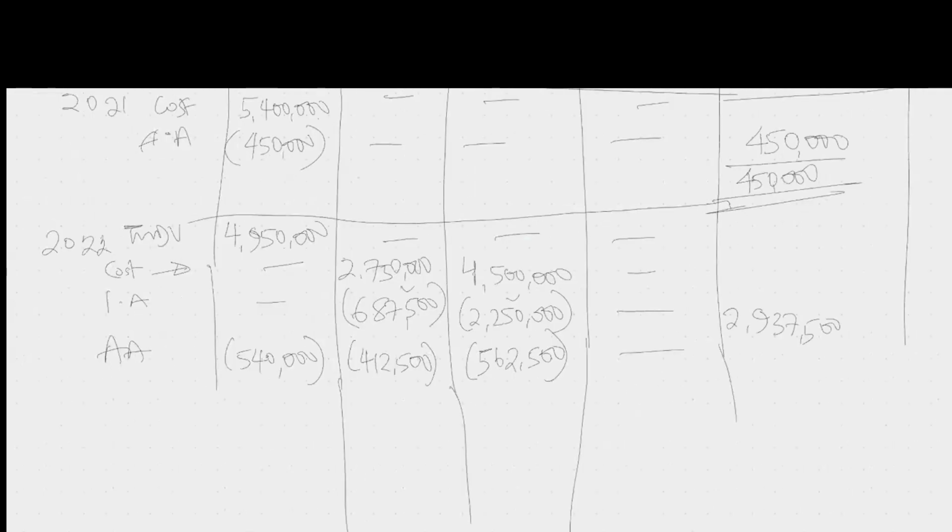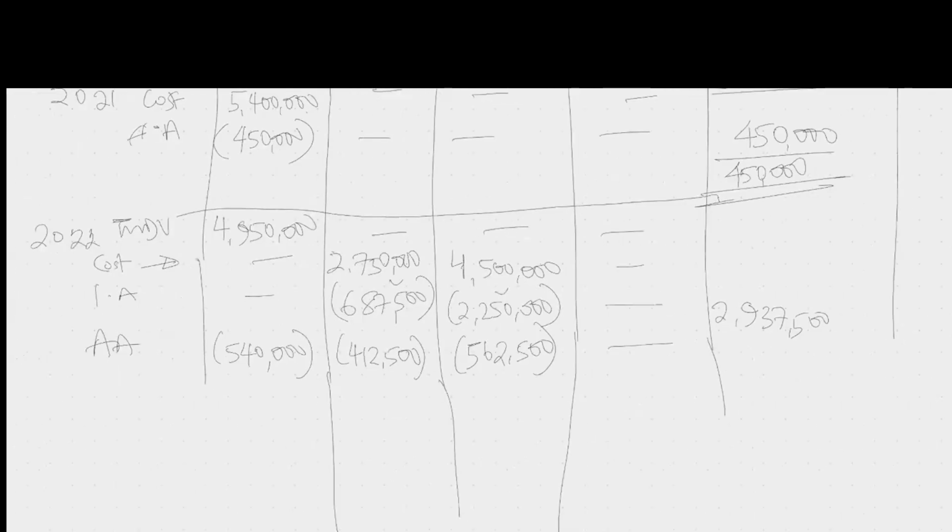What do you have? 1,515,000. Add it together. What do you have? 4,452,500. Next one. Tax written down value.